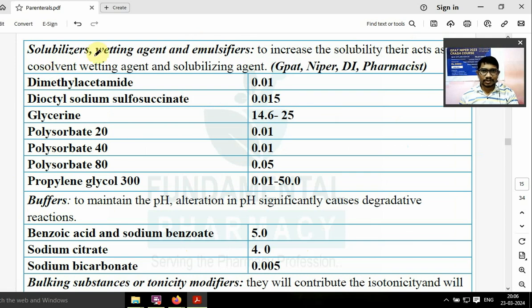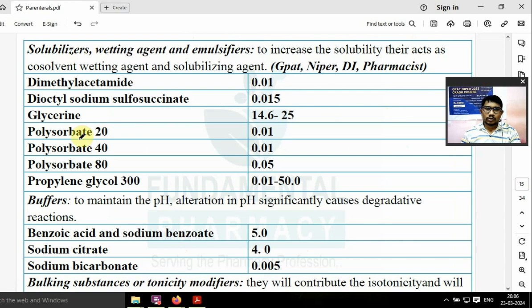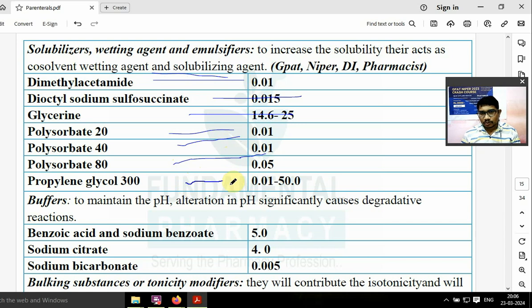फिर से एक बात है, to increase the solubility and act as a co-solvent or wetting agent or solubilizing agent. So dimethylacetamide 0.01%, dioctyl sodium sulfosuccinate, glycerin in a 14.6 to 25%, polysorbate 20 0.01, polysorbate 40 0.01, polysorbate 80 0.005, 0.05, polyethylene glycol 300 0.01 to 50.